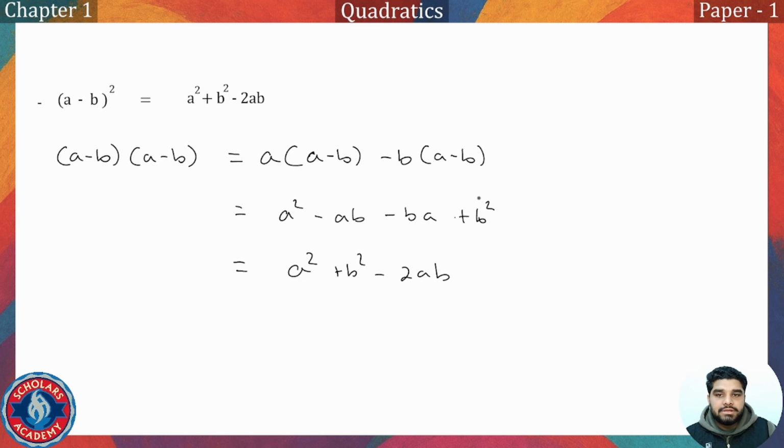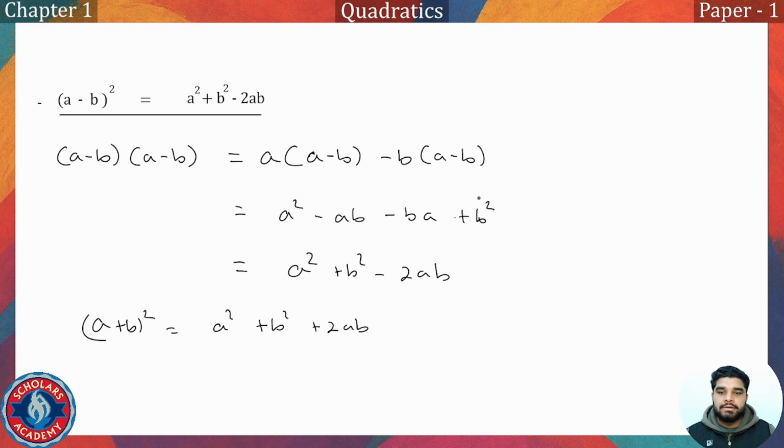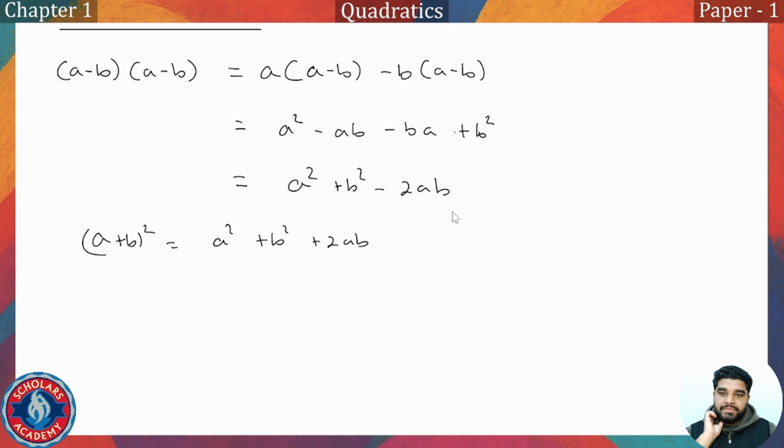There is also one very nice way to remember this. So we don't need to memorize all these formulas. If we know a plus b whole square is equal to a square plus b square plus 2ab, what we can do is we can just change the value of b as negative b. So in place of b, we can substitute negative b for a minus b whole square.